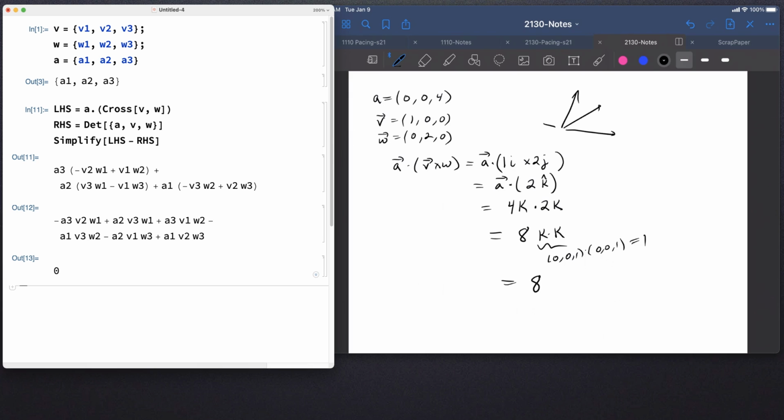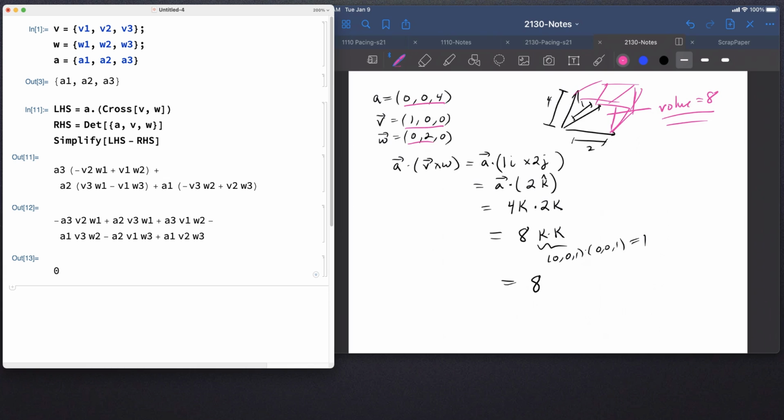So you have a vector of length 4, a vector of length 1, and a vector of length 2, and you made a box. Now it's a sketch, you see what I'm saying. But this is a perfect box. It's not wonky or lopsided because of the nature of the vectors A, V, and W. So we can say that the volume of this box is equal to 8. Not 80. Sorry about that. 8.